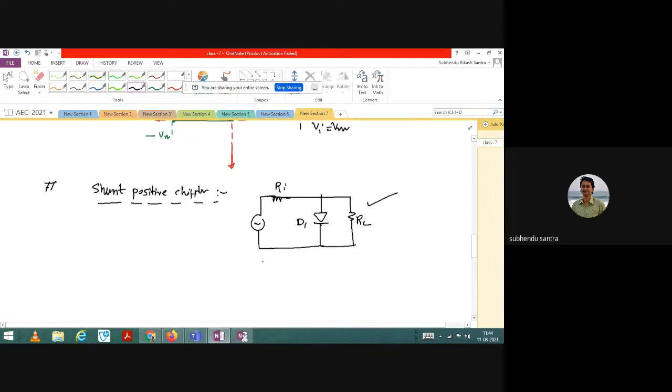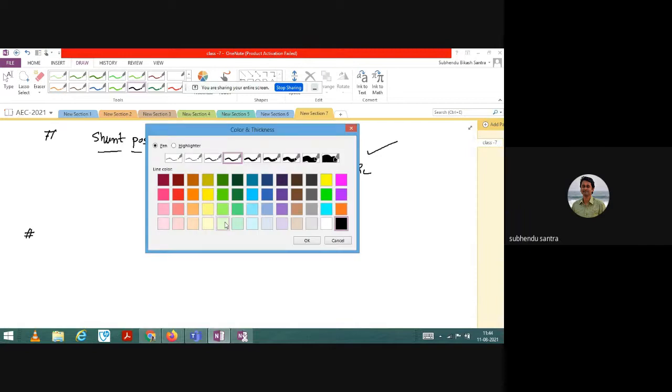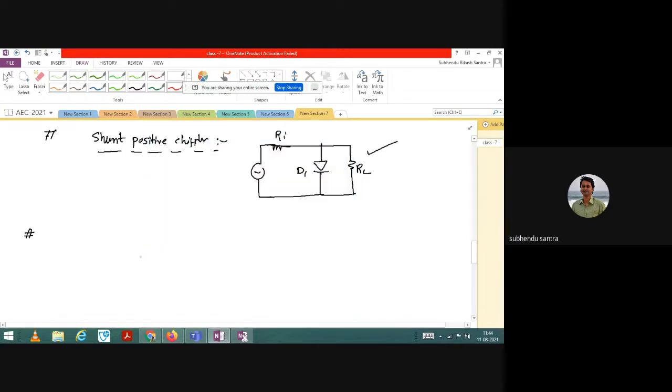Now coming to the battery. If I use a battery, what will be the characteristics and how can I analyze it? A shunt negative clipper with biasing. With biasing means I will now add one extra battery.